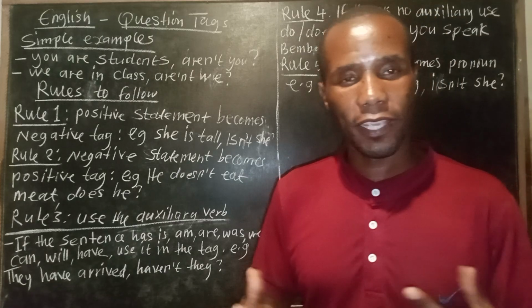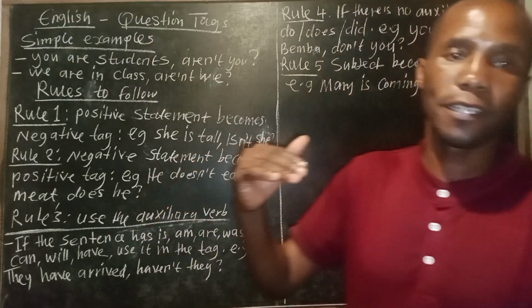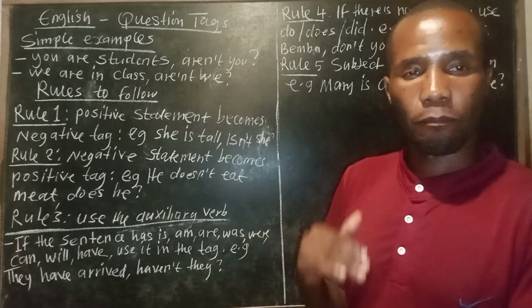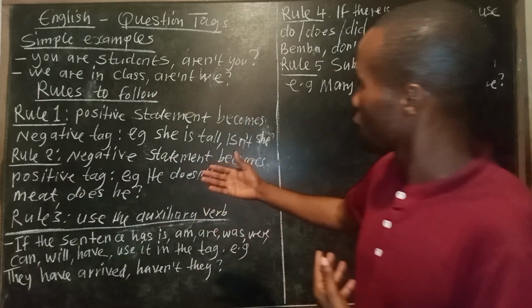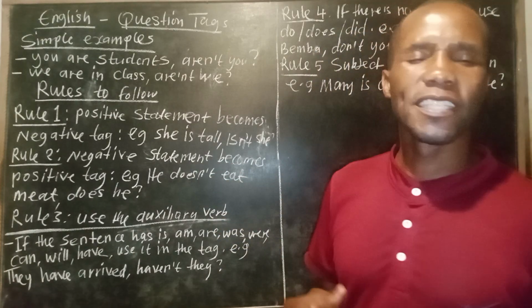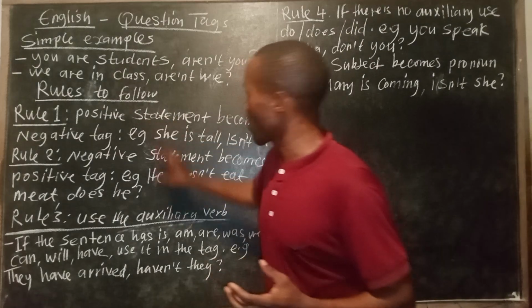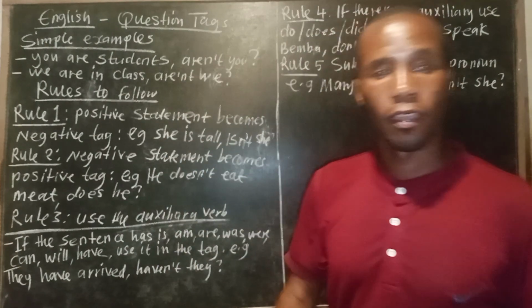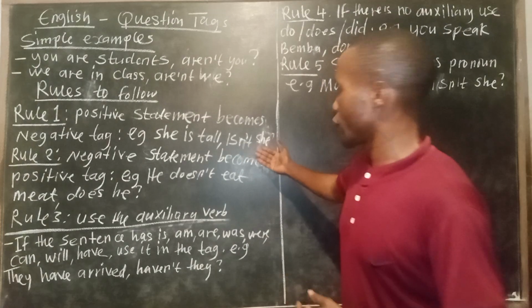She is tall, isn't she? Isn't. That is negative. So it was positive by saying she is tall. Now, isn't she? So we have applied this rule where we are saying when the statement is positive, the question tag will have a negative question.